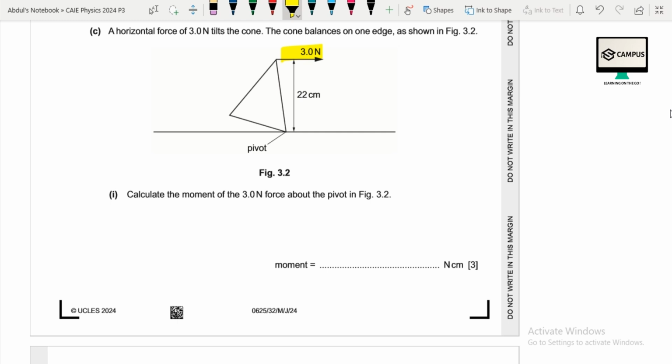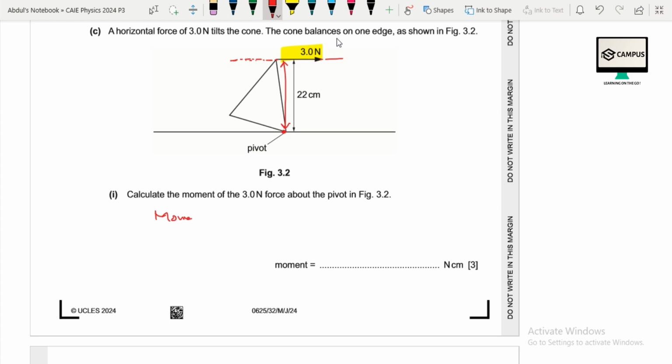The moment of a force can be found by multiplying the magnitude of force with the perpendicular distance between the line of action of force and the pivot point. The pivot point is already specified to us. We can extend the line of external force just to be consistent with our working. And the perpendicular distance is this one, which is already given to us.